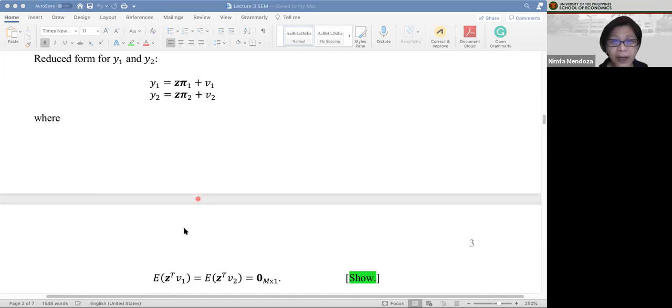The expected value of Z transpose V sub 1 is equal to the expected value of Z transpose V sub 2 is equal to the 0 vector. Okay, so that says that this Z is uncorrelated with V sub 1. This Z is also uncorrelated with V sub 2.